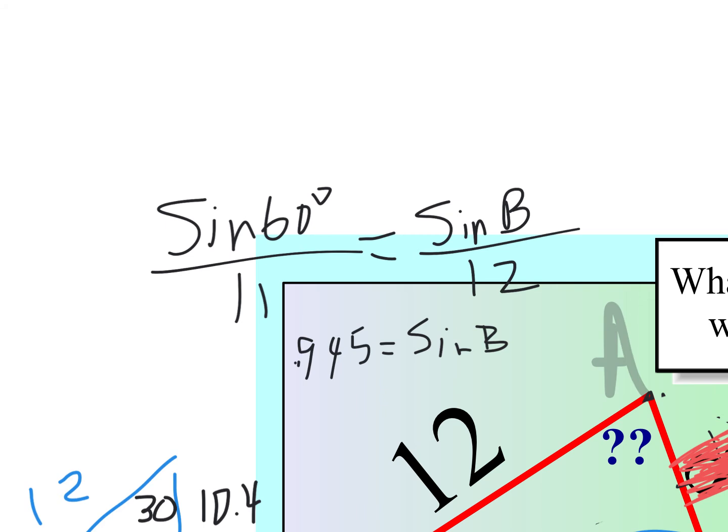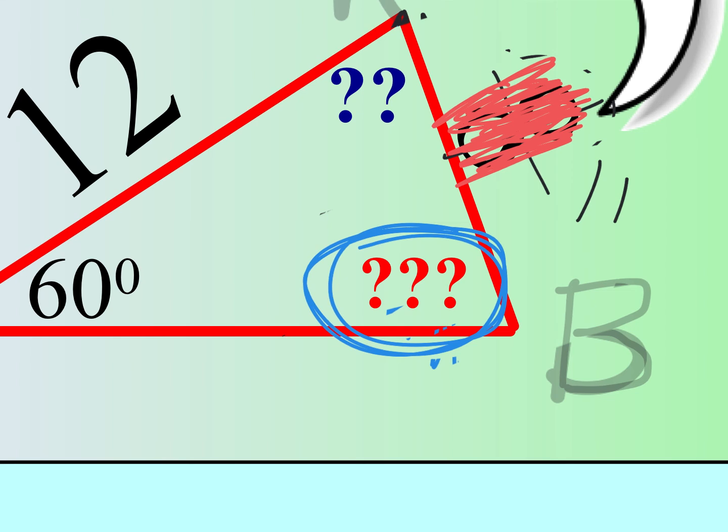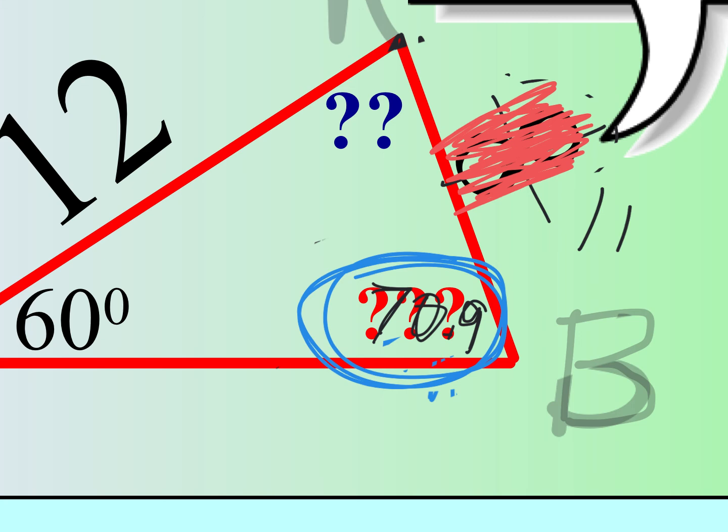And did you get about 70, I'm going to round it, 70.9 degrees? All right. Now I'd like you to look at this. 70.9 degrees. There is another angle that would have worked for the 11, and that's if I'd have drawn the 11 like this.